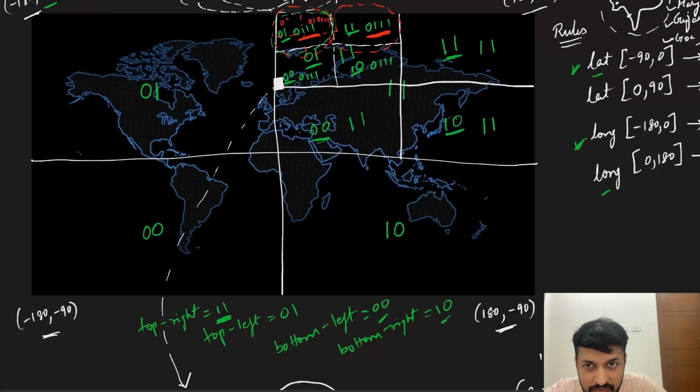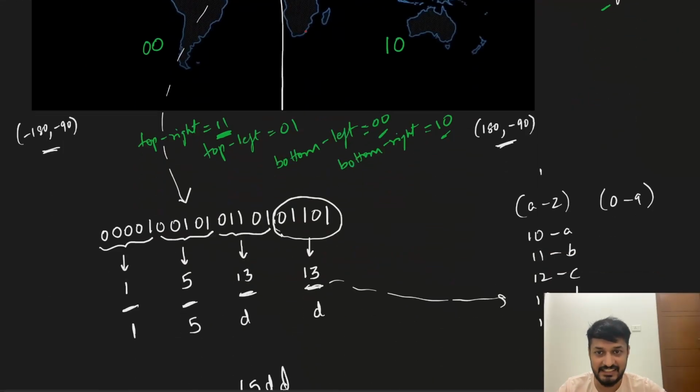This block will have 0101111. Again, these two blocks are very near, and they will also share a common suffix, right? So what I can say is, if two geohashes G1 and G2 share a common suffix, that means those blocks are nearby each other, right?